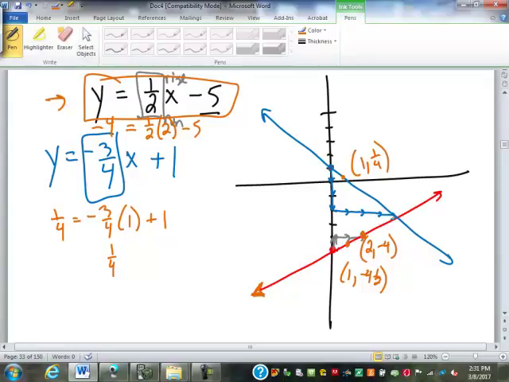So any point on the blue line, I could find its coordinates. For example, this here is going to be 4, negative 2, and that coordinate would make this equation true. Y is negative 2 if x is 4. And if you figure that out, you will get negative 2 on both sides.